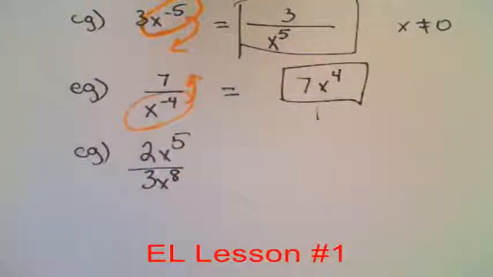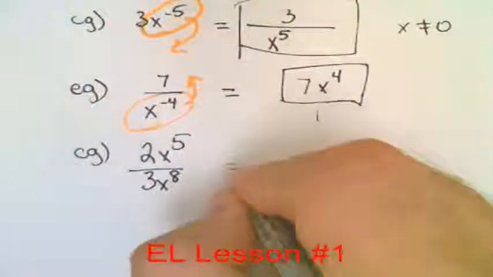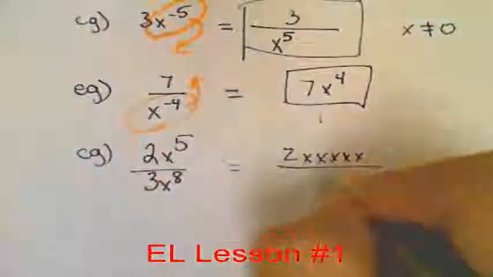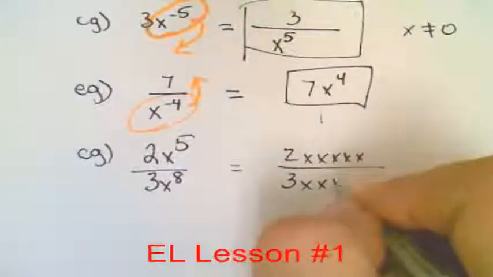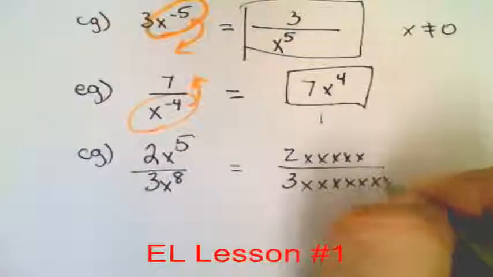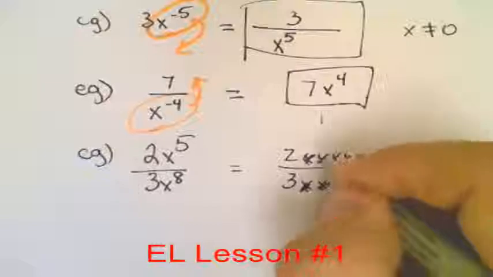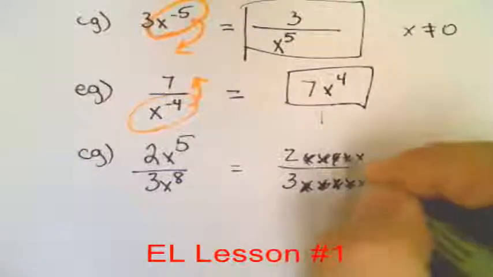So continuing on, you can look at these. E.g., here's an example, and we looked at things like this a long time ago. 2x to the 5th over 3x to the 8th. Now you can look at this as we did before.